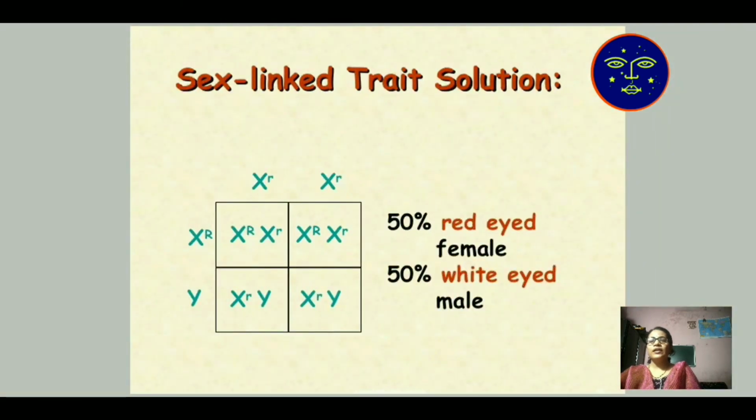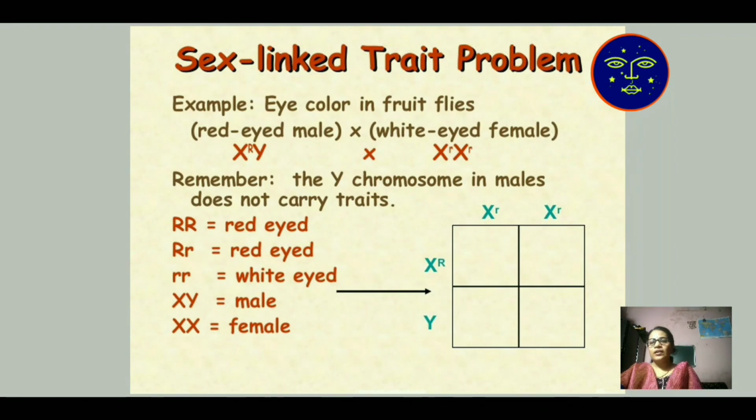Here we get the result: 50% red-eyed female and 50% white-eyed male. So this is the result. When we cross them, the result is capital X capital R with capital X small r.